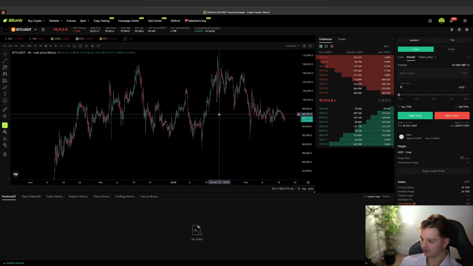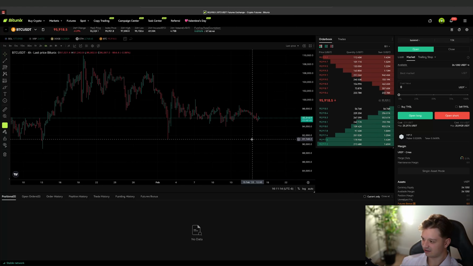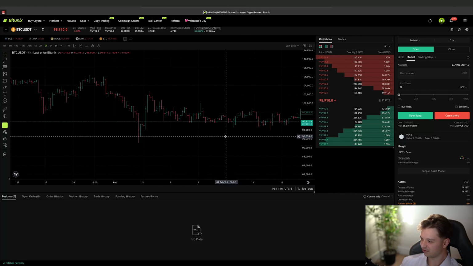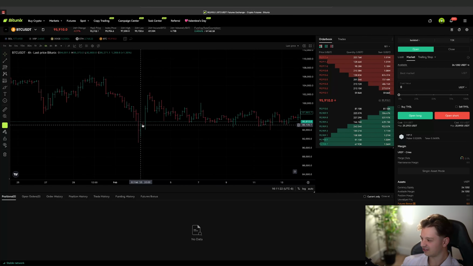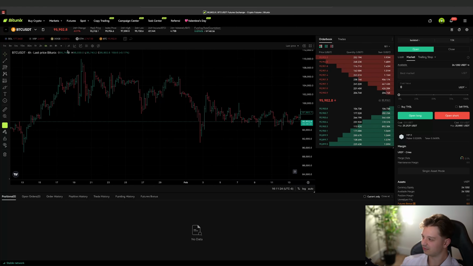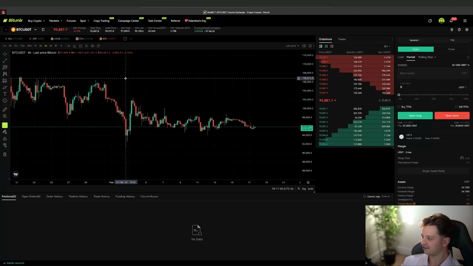It also doesn't really account for the wicks, and you can't really see where the price closes as well, but you can see the open here and the close here. So some people like this more simplified version. For me, not really, but again, you have a ton of options right here, so play around with that and see what fits for you. Personally, I just like the candle chart.